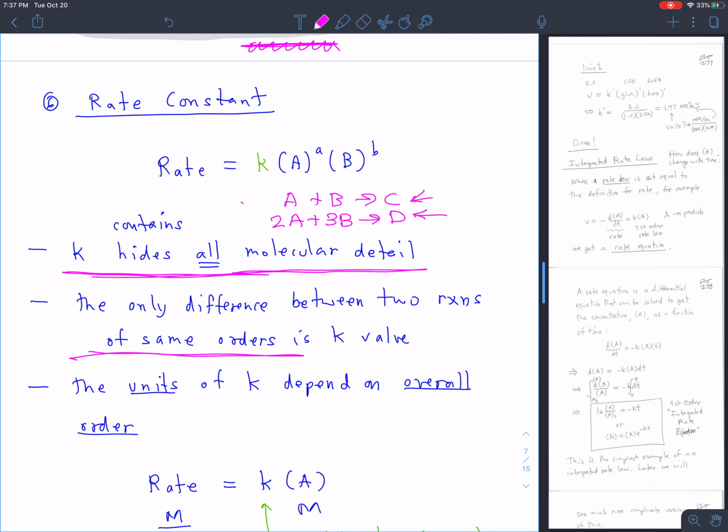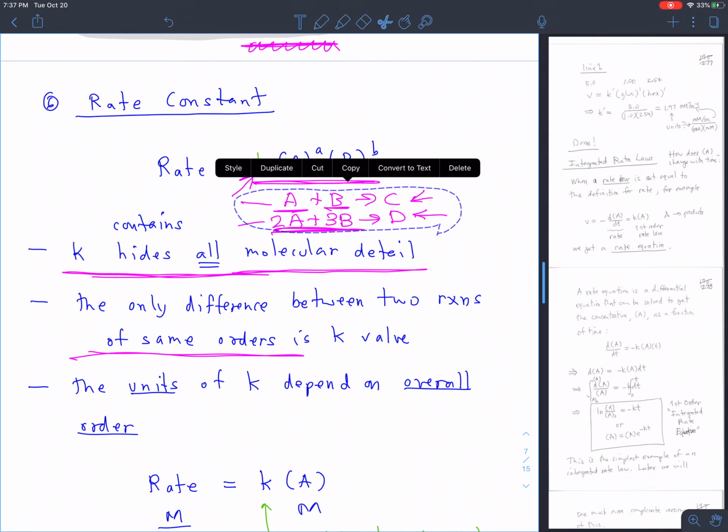Either of these could have this as its rate law. How do you know one is different from the other? Well, they will have different rate constants. The rate constants depend on all this molecular detail, and therefore they'll be different for those two reactions. But that's the only way you can tell, at least by looking at the rate law.